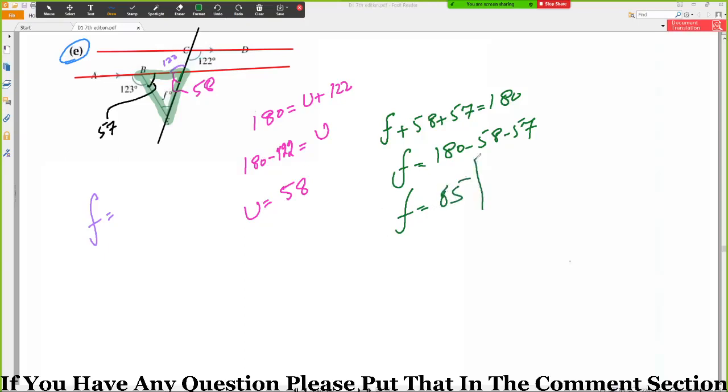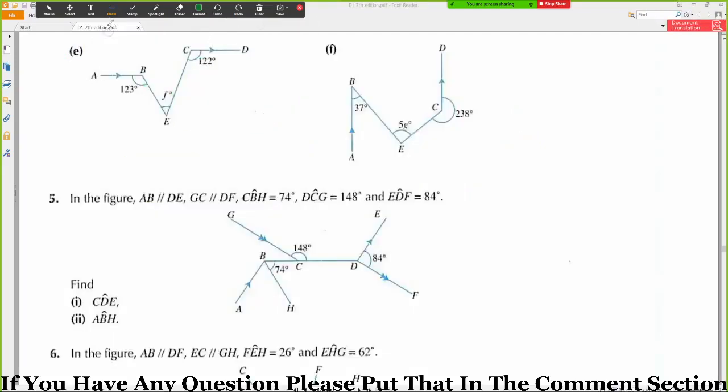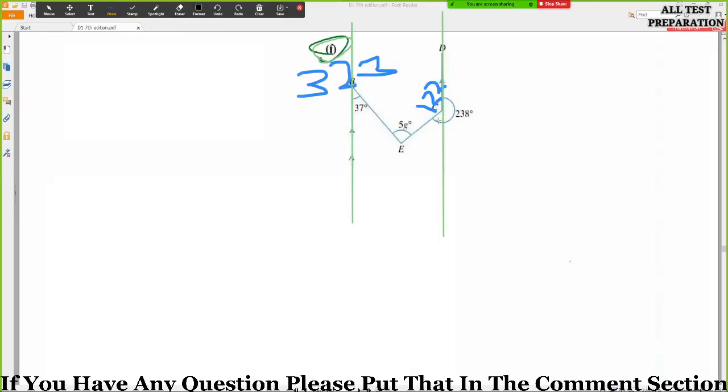So this angle will be equal to 65. So F angle will be equal to 65. Okay, समझ आ गया? पार्ट F सॉल्व कर लो. Okay, यहाँ पे देख लो.